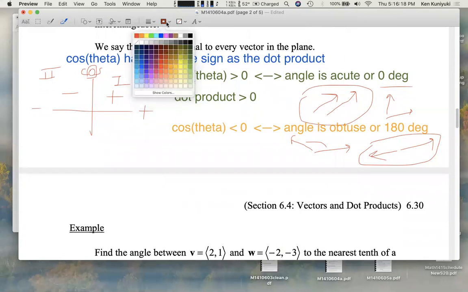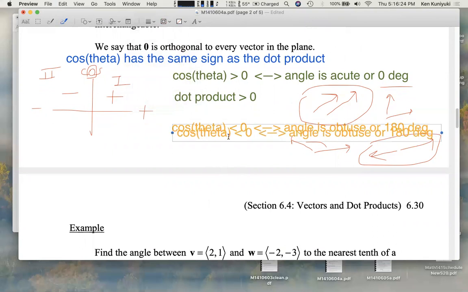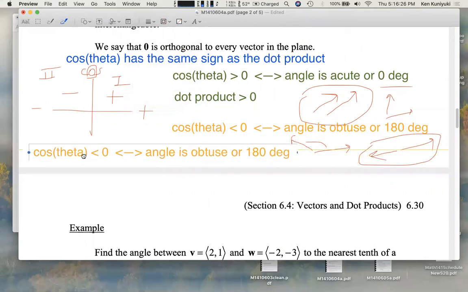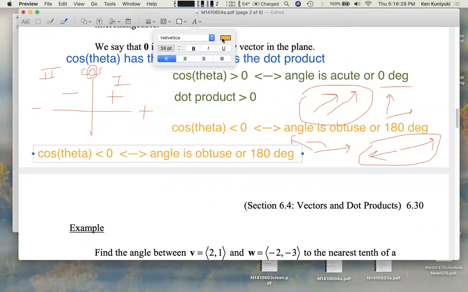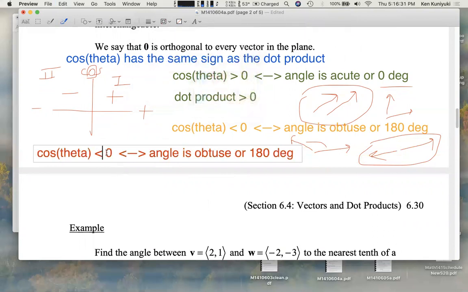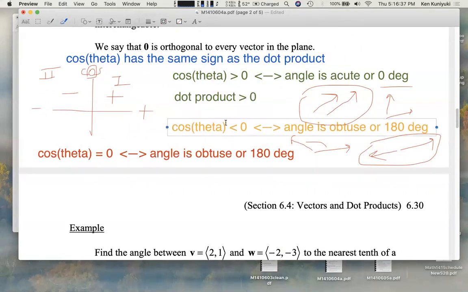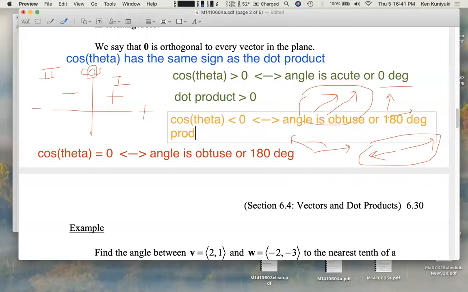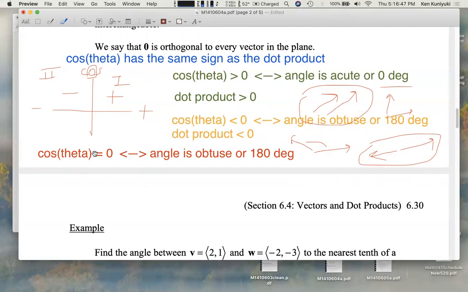All right, anyway. Oh, and what happens if the cosine of theta is 0? Do that in red. That was the key point here, right? That was the most important case, all right? If the cosine of theta is 0, that means the dot product is 0, okay? And by the way, this is also a statement on dot product. Over here, cosine of theta is 0.